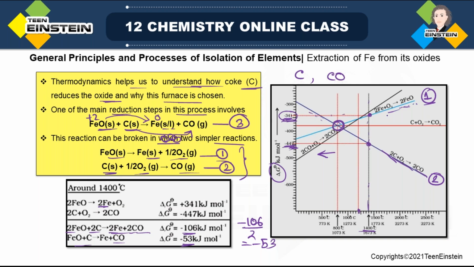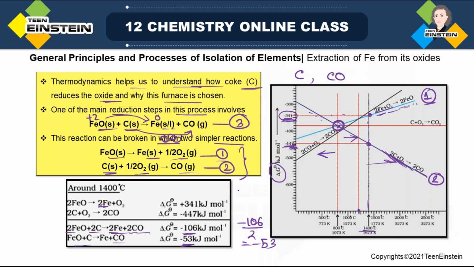That means here Fe will be acting as reducing agent. But if you move further towards the right hand side, now this line is below the line of iron. That means now carbon can act as reducing agent, because the species whose line is below can act as reducing agent.